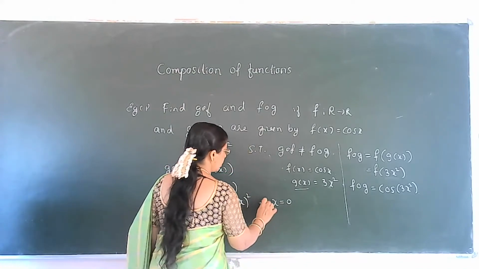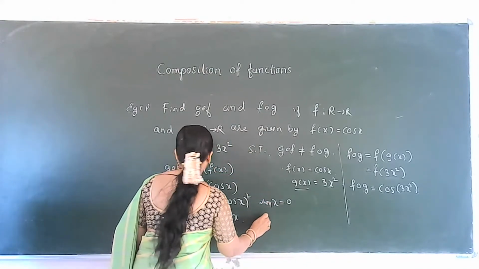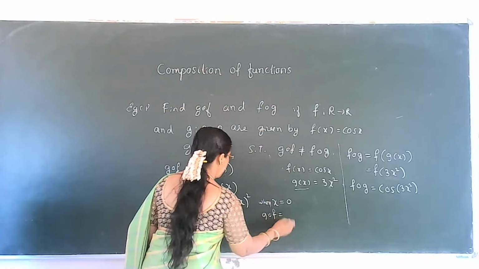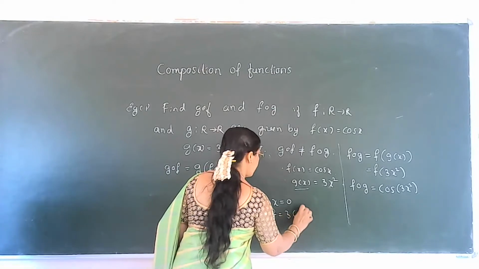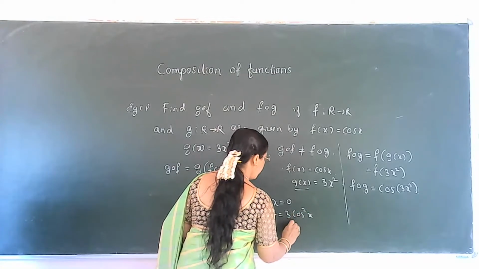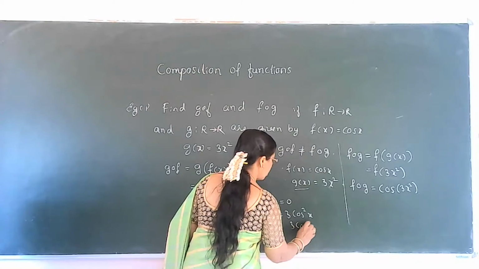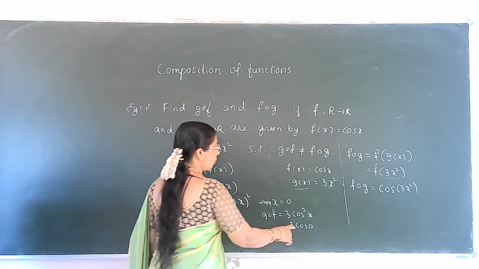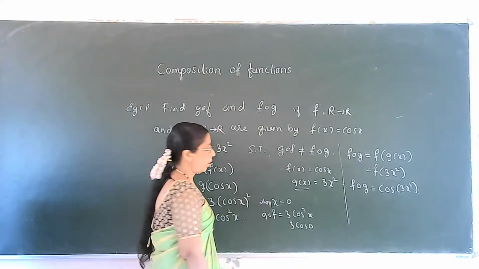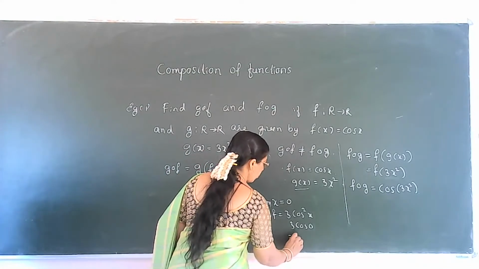When x equal to 0, g of f is 3 cos square x, put 0: 3 into cos 0 whole square. Cos 0 is 1, square is 1, so it is equal to 1 into 3.